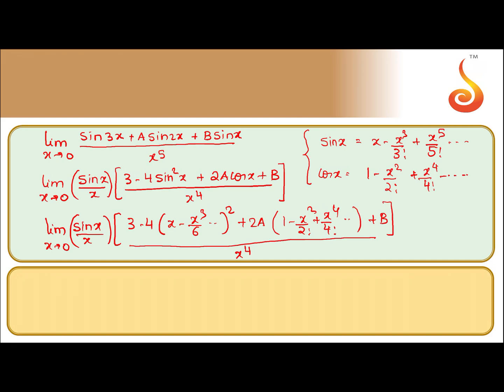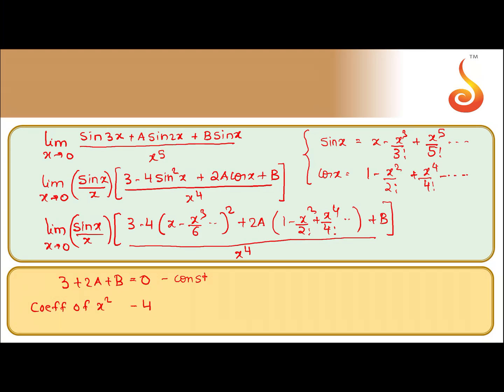Now we collect the terms. If you see, the constant term is 3 plus 2a plus b. That must be 0 for the limit to exist. Now similarly, if we collect the coefficient of x square, what we get?